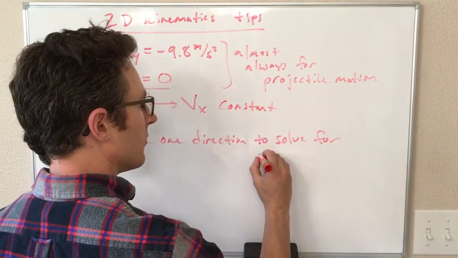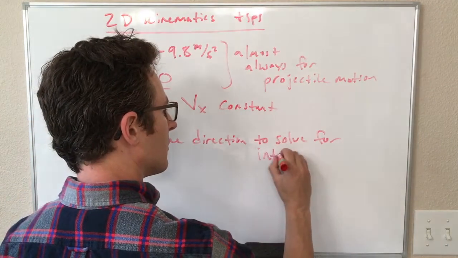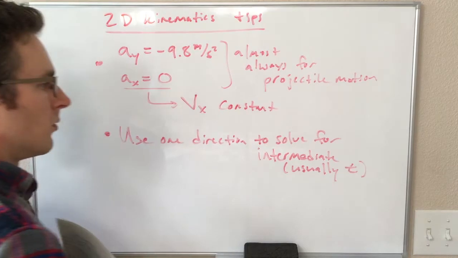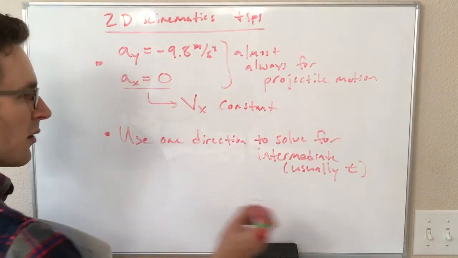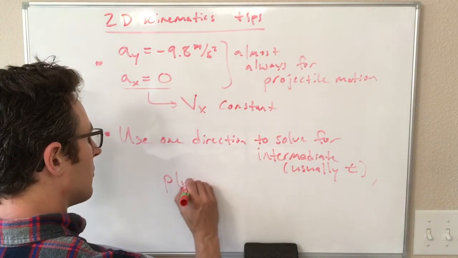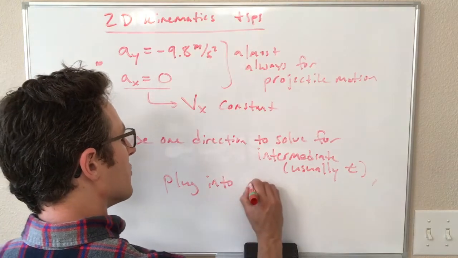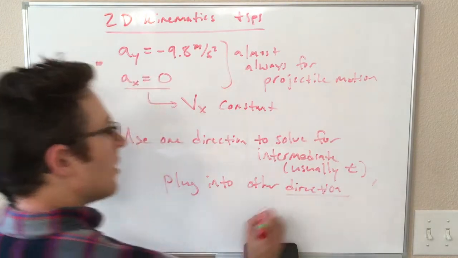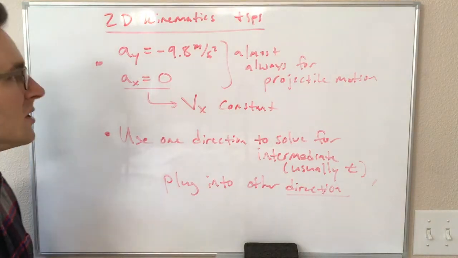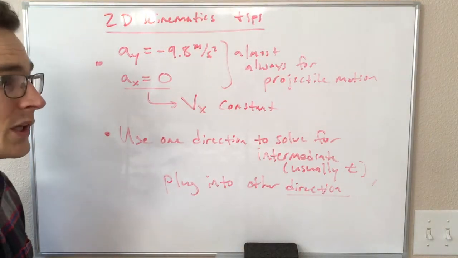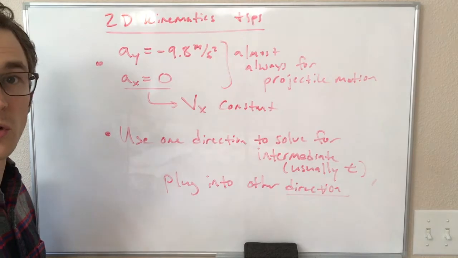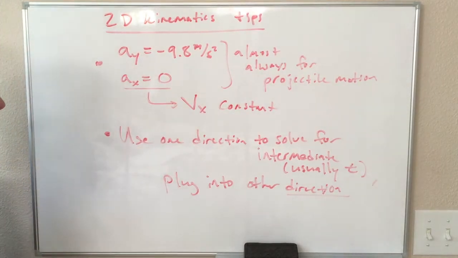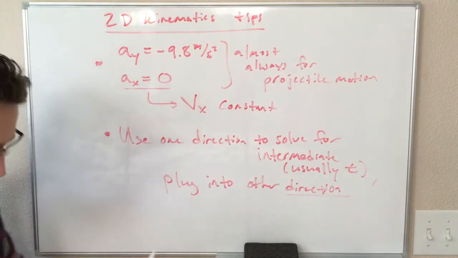We'll call that the intermediate variable, which is usually time, and then plug that into the other direction. This isn't strictly true. There are some 2D problems where we only need the y direction information to solve it, or we only need the x information, but generally we have to use one to solve for what's going on in the other.